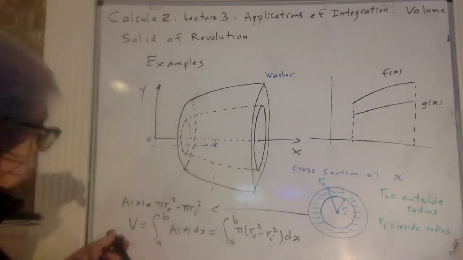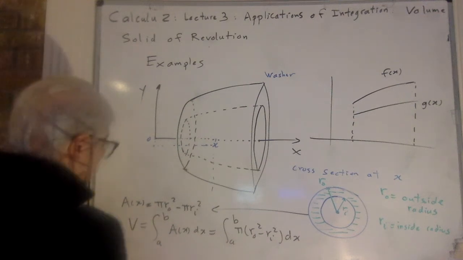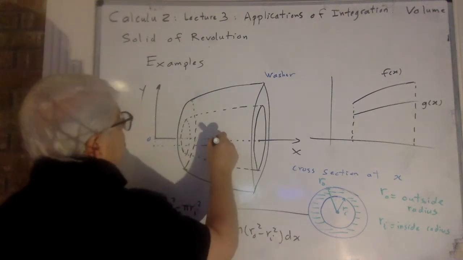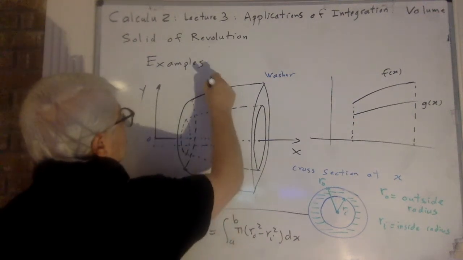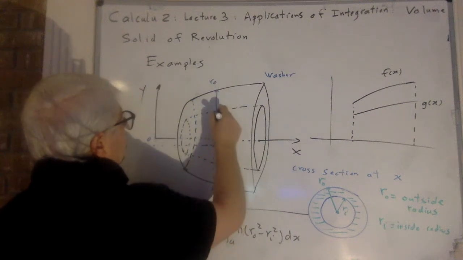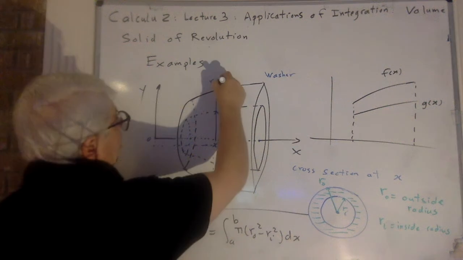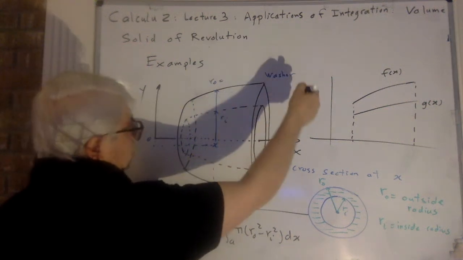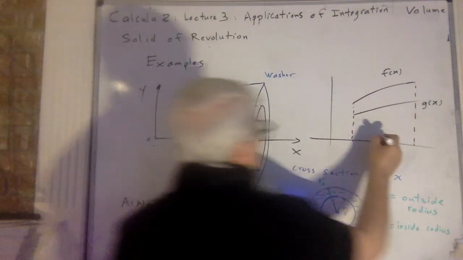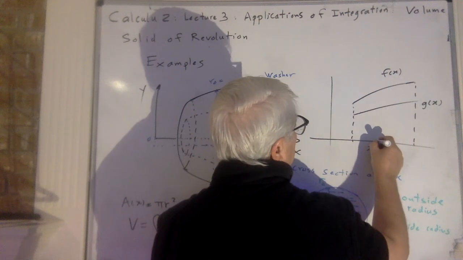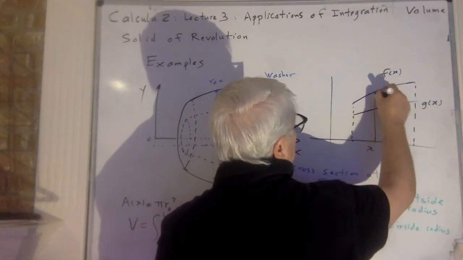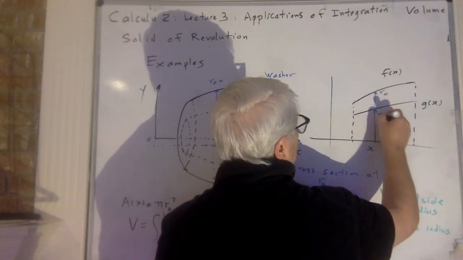Now what is Ro and Ri in this picture? Ro is this, and Ri is this. So what is Ro at x? Ro is f of x, right? But let me draw the picture here. So that's x, Ro, Ri.